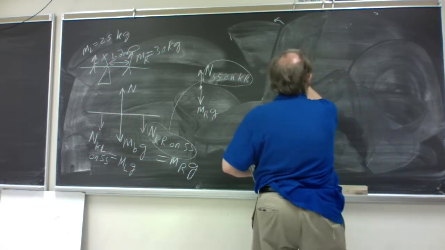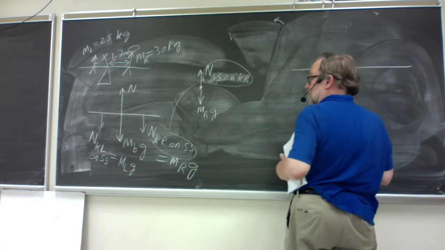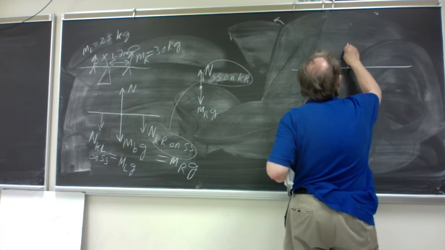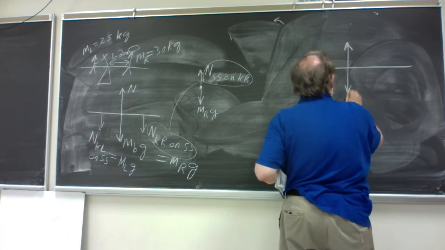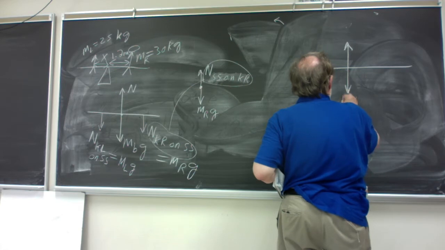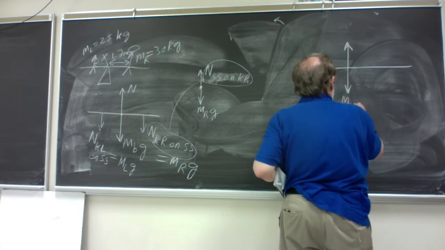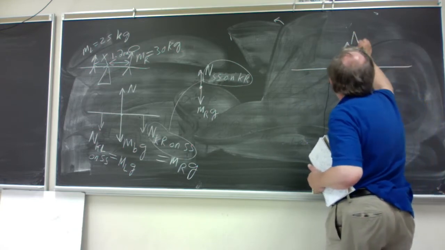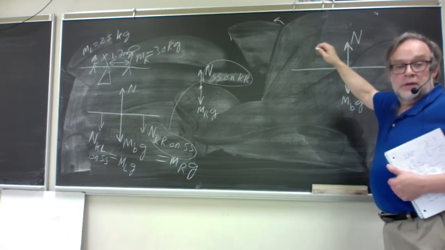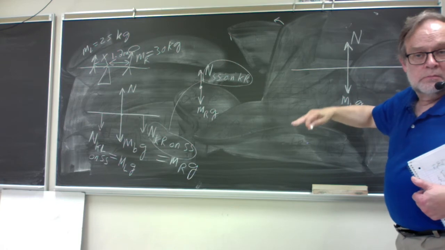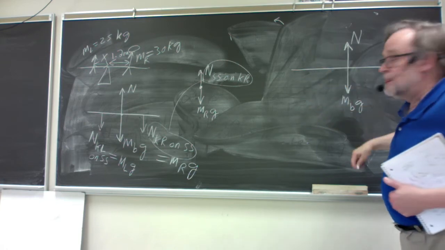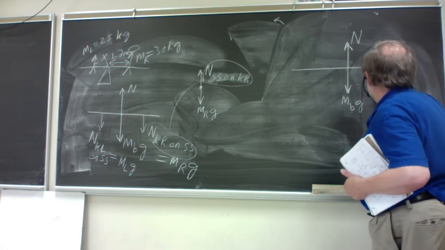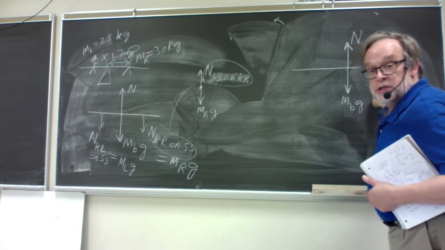So the forces on the board are the weight of the board pulling on the center of gravity, and then the normal force from the support pushing up on the board, and then a force from the kid on the right pushing down on the board.